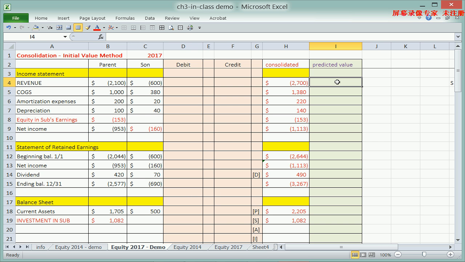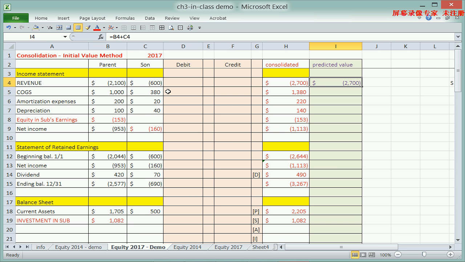So let's first predict consolidated revenue. Again, because the parent acquires a sub 4 years ago, the parent and the sub's revenues should be added up. So it's basically the parent's plus the sub's, because the subsidiary's performance should be counted as the whole entity's performance after the acquisition. So again, the revenue and cost of goods sold and everything of the sub is not consolidated with the parent's record only at the date of acquisition, which is chapter 2.